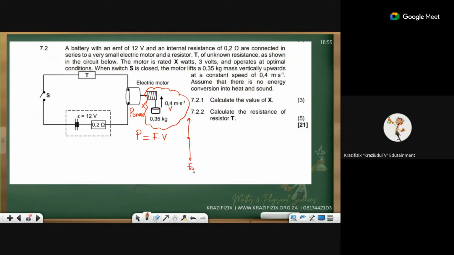So I have gravitational force here, and I have a force applied. Because it is moving at constant speed, acceleration is 0. It means that my F net is 0. And that means my force applied is equal to the force of gravity, which is mg.